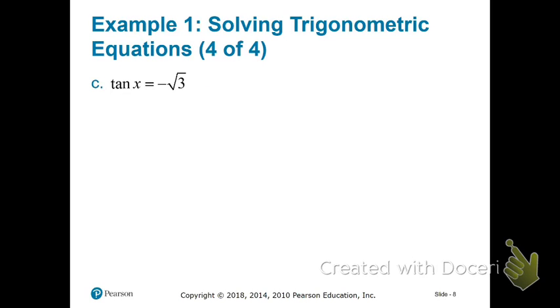All right, so for C, we're looking for where tangent of x is going to equal a negative square root of 3. So again, first thing is, think, what quadrants are you looking in? Where is tangent negative? Remember, use your all students take calculus, right? So yeah, 2 and 4.